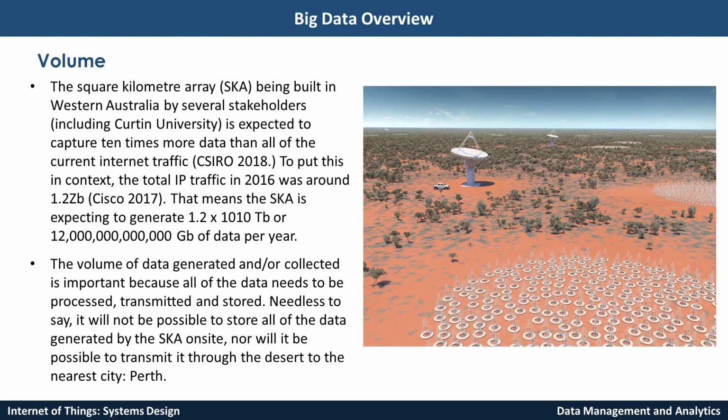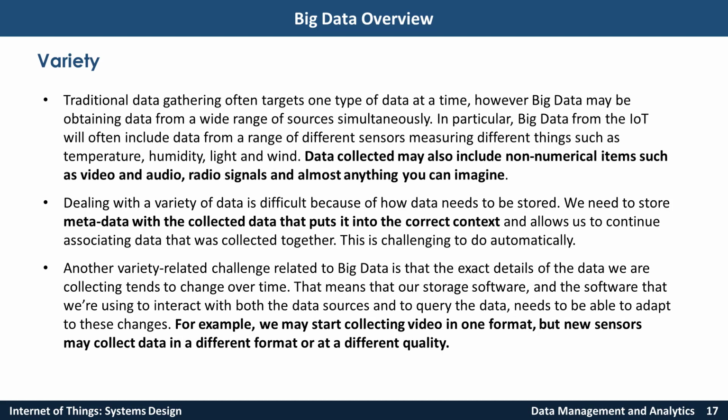The amount of data captured is so large that not all data items will be stored, because it is impossible to store all the data generated by the SKA on site, nor will it be possible to transmit it from the desert to the nearest city. Therefore, when the volume goes very high, we need to make a decision on what and how much data to store and process.